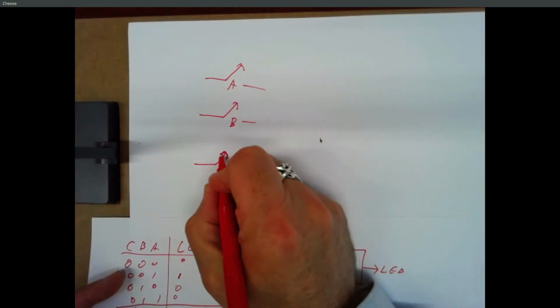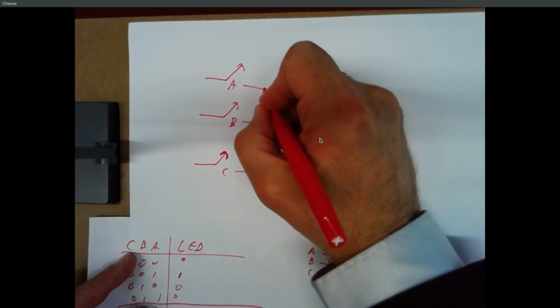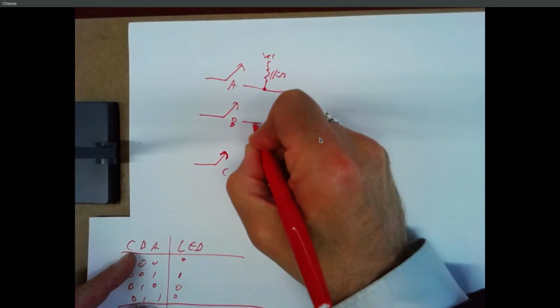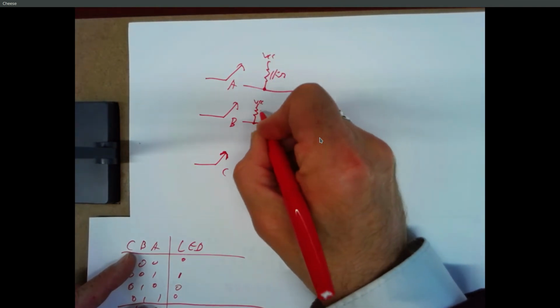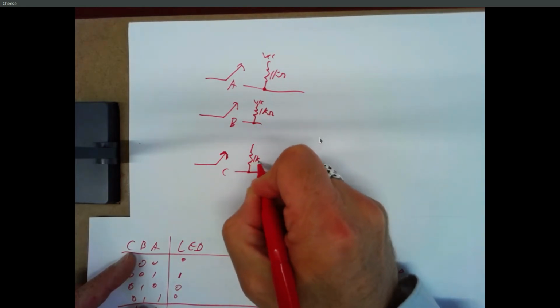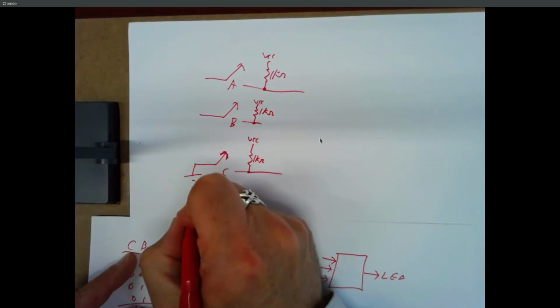Because you want it to be as unambiguous as possible. So these get pulled up through a 1K to VCC. And the other side of the switches get grounded.